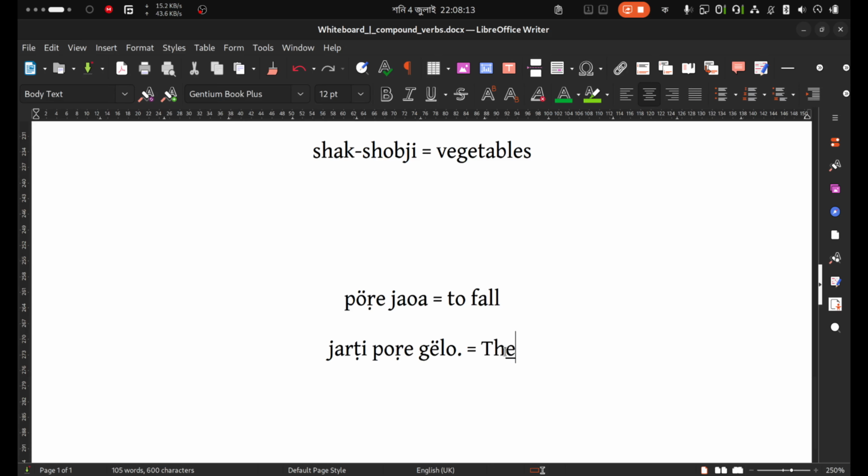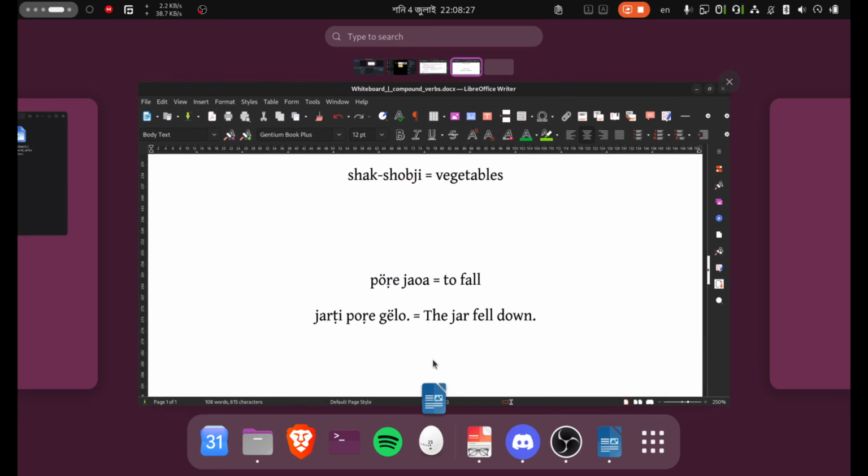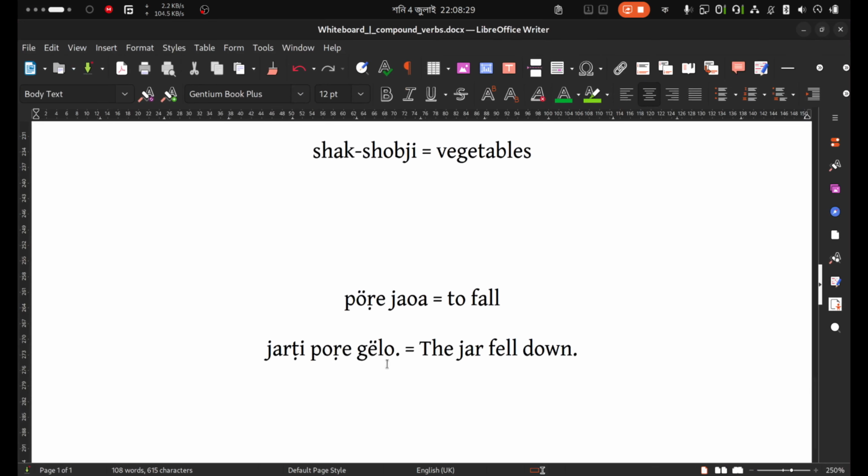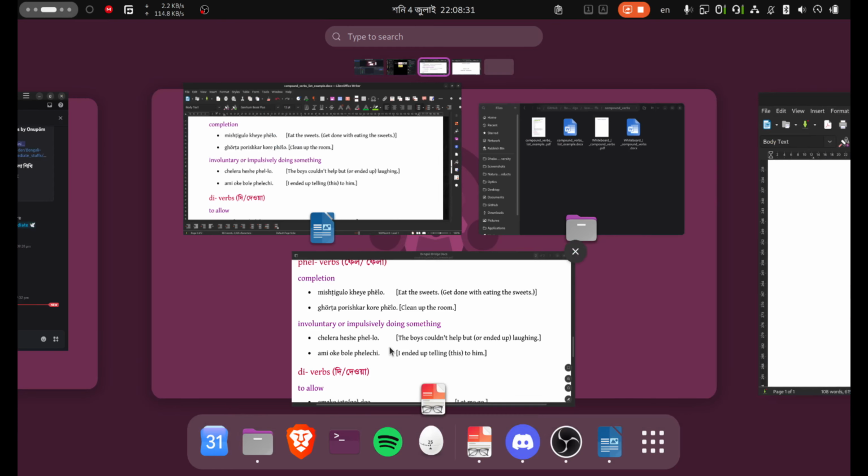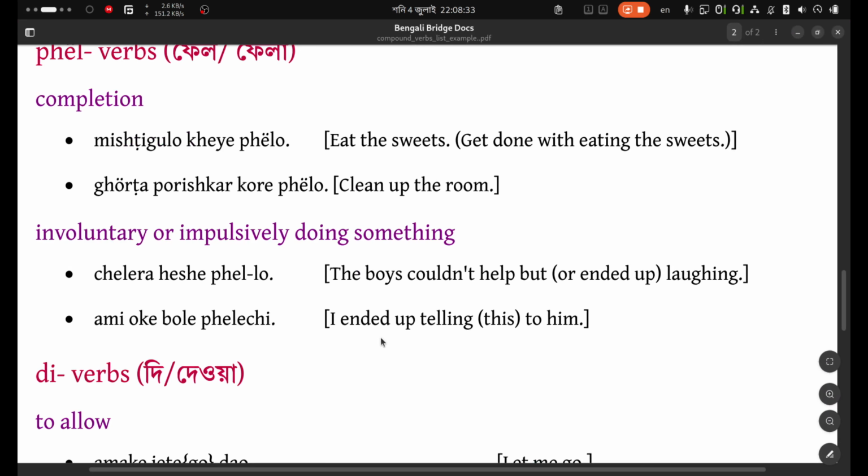So the jar fallen, fell down. It has to be some involuntary action. So the action has to be done by you or by the doer.